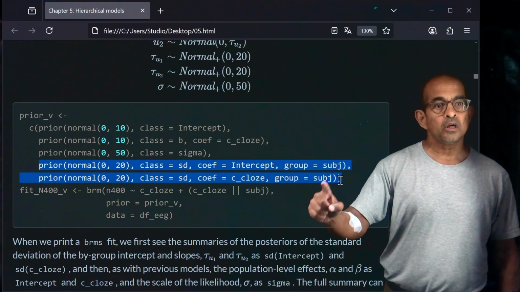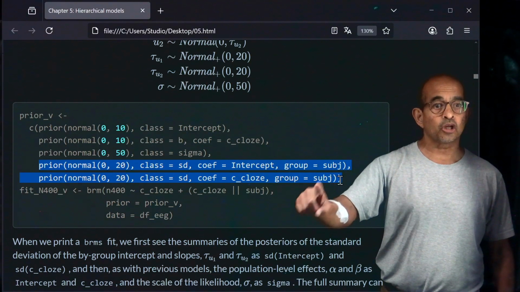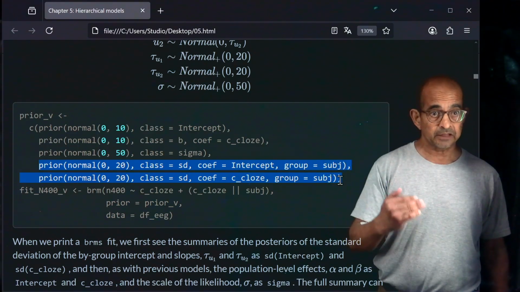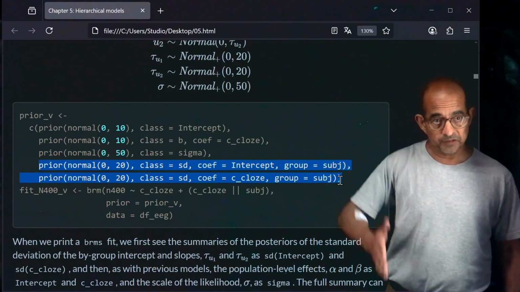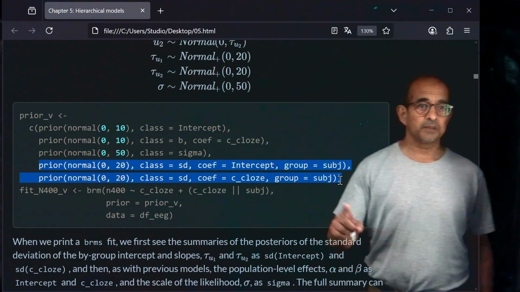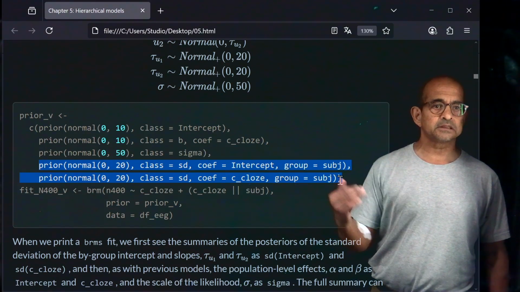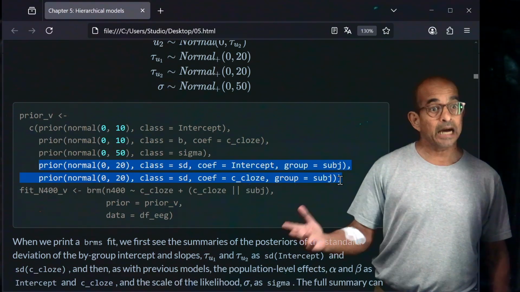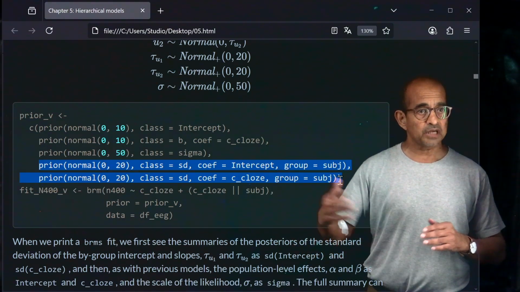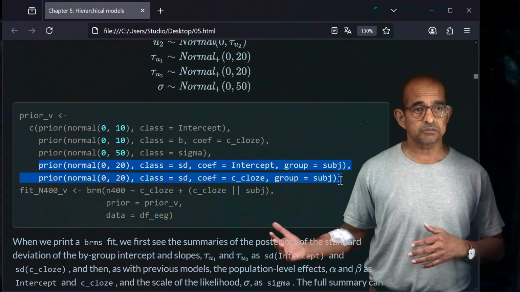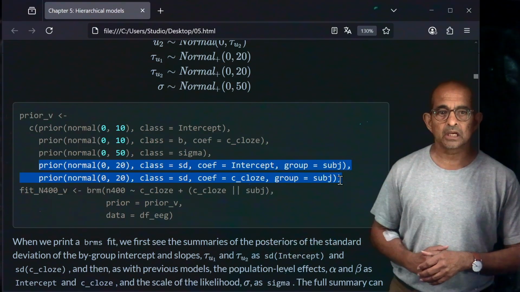Right now we are looking at between subject variability, so the group is the column subject in the data frame. This name has to refer to the grouping variable you have in the data frame. This is important because very soon we're also going to have intercept and slope adjustments for items. In standard Latin square designs, you're going to have repeated measurements not just for subjects, but also for items. So we're going to take that into account later on.